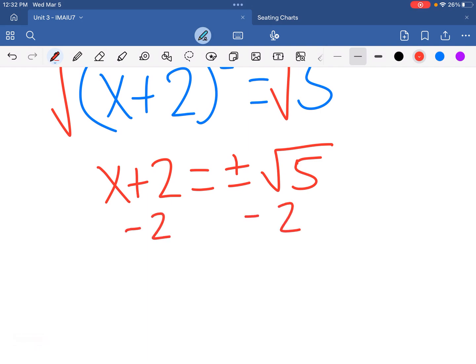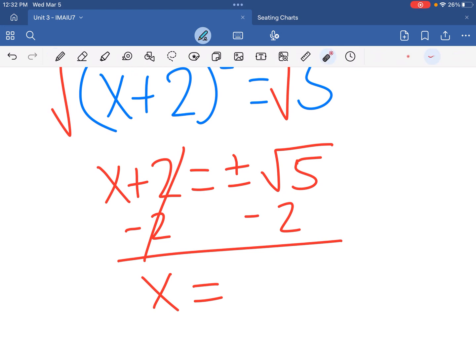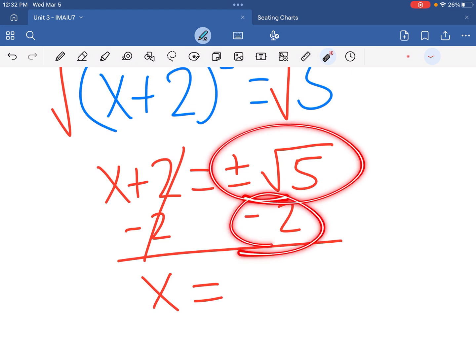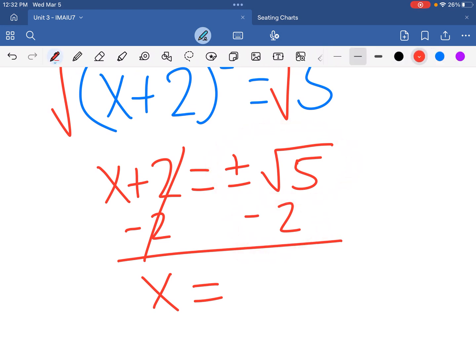And then we just go through the process of solving this equation like we would any other equation, except we can't combine a root 5 and a negative 2 together. They're not like terms. So on the right side of this, I have a negative 2 and a plus or minus root 5.